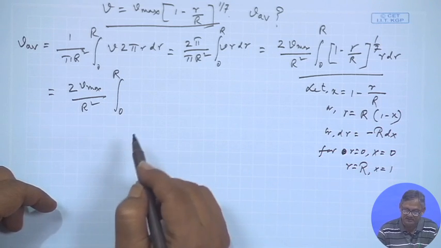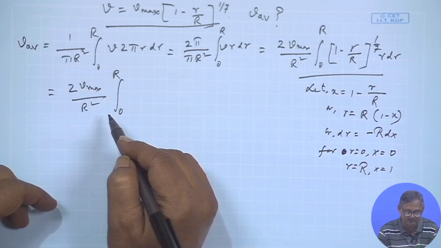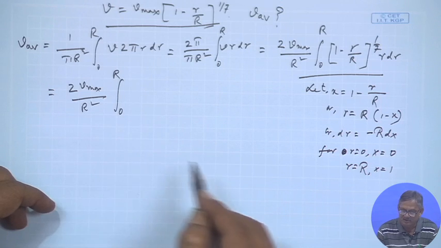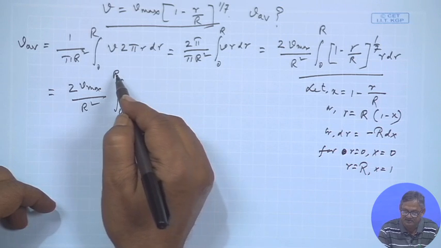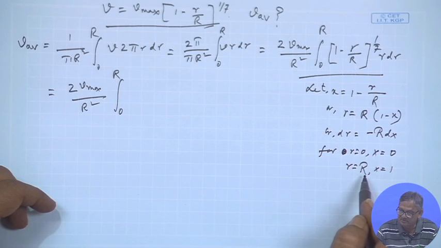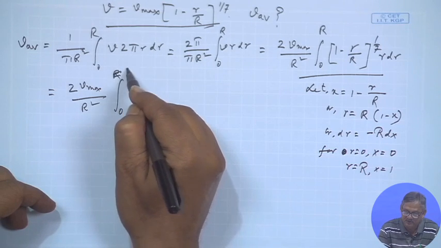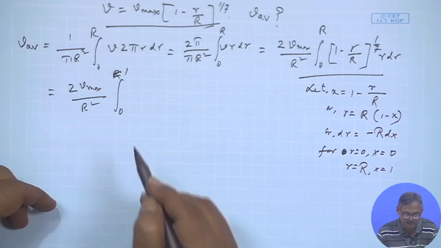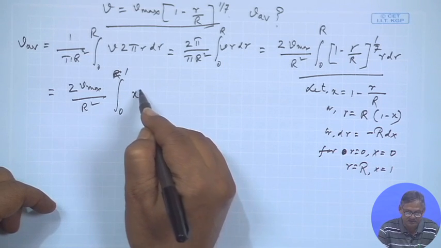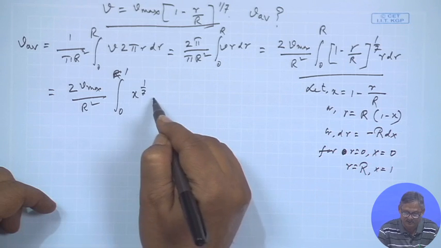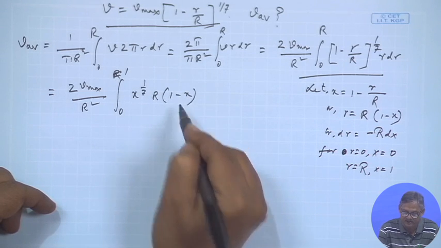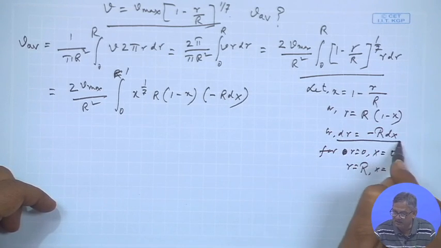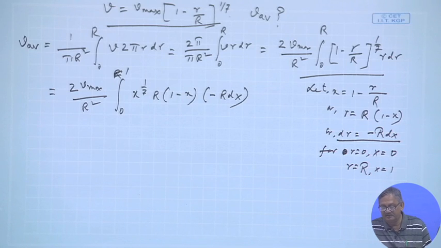So, this which we had earlier done, we can replace for r equal to 0 to r equal to R. Then this is x to the power 1 by 7, R into 1 minus x, into minus R dx, because dr is minus R dx.